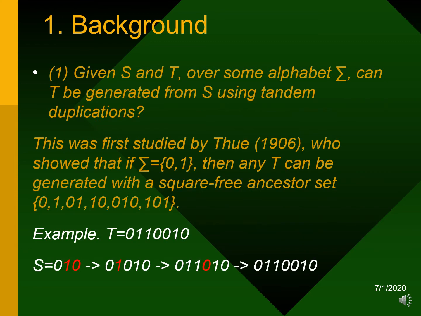For the decision version, in fact, this was first studied by Thue in 1906. He showed that for binary alphabet 0, 1, any T can be generated from one of six square-free strings, and each of them is square free. For example, T is 0, 1, 1, 0, 0, 1, 0.